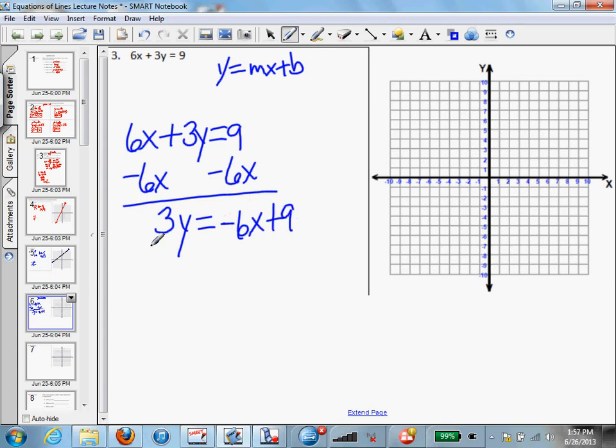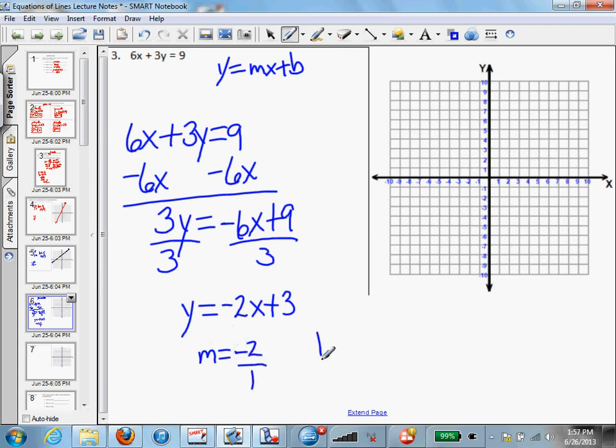Now finally, to get the 3 away from the y, divide both sides by 3. We have y equals -6 over 3, or -2x. And finally, we have 9 divided by 3, or just 3. So our slope is -2. You can say it's over 1. And our b is 0, 3.